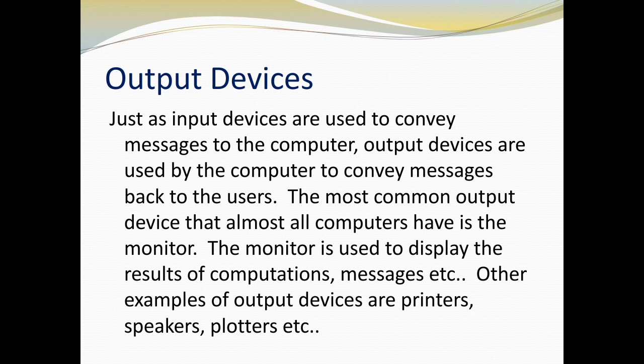The most common output device that almost all computers have is the monitor, the screen. The monitor is used to display the results of computations and messages in human readable form, like the English language. Other examples of output devices are printers, speakers, plotters.